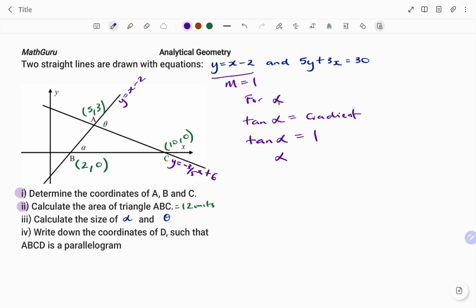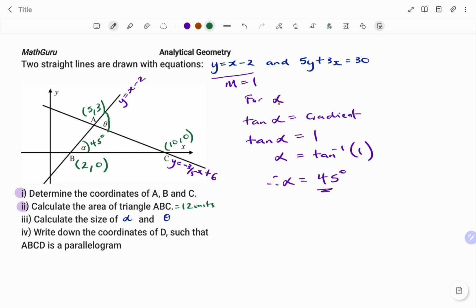Therefore, moving my tan to the right hand side, I have alpha equals the arctan of 1. That would be the second function of your tan button on your calculator. And if you punch that in, we're going to have alpha equals 45 degrees. So I'm going to put that in the diagram, that's 45 degrees.